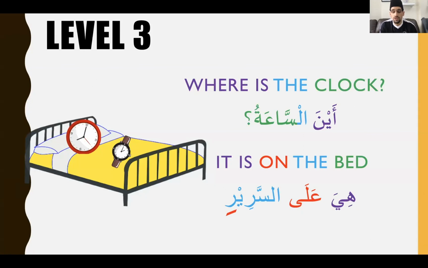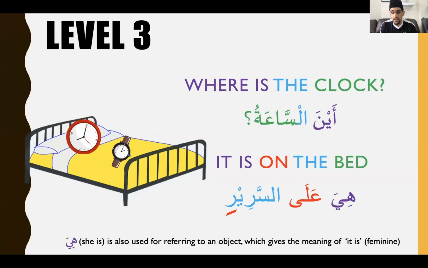So hiya means "she is", also used for referring to an object, which gives the meaning of "it is" in the feminine form. Because the word as-sa'atu is feminine, you would use hiya. If the word is masculine, for example as-sariru, you would use huwa.